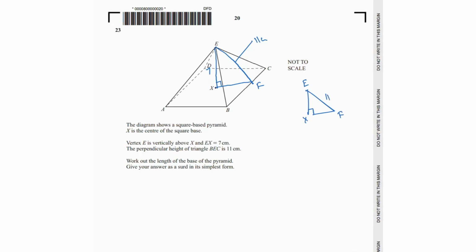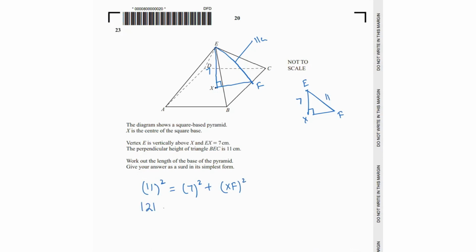This is the perpendicular height of the triangular face, but the slant height of the pyramid. And this is 7. So we need this XF because that's going to be half of the base. So you can easily use Pythagoras over here. We have a right angle triangle. Two lengths are given. You have to find the other one.